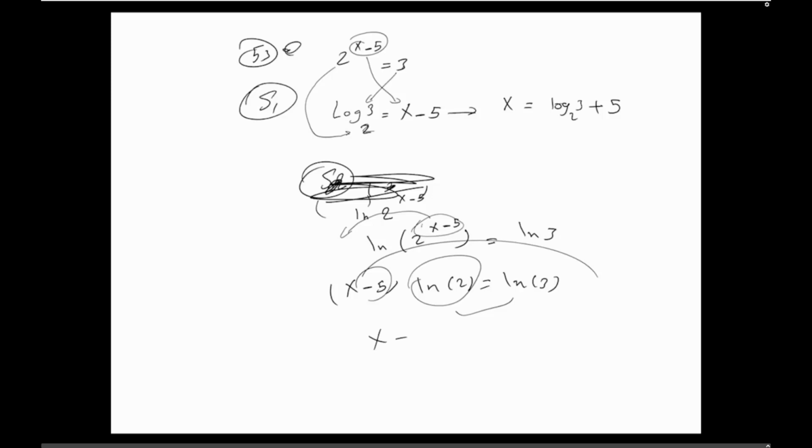So we will end up with ln 3 plus 5 divided by ln 2. Or sorry, we can't transfer 5 first. We have to transfer this one first, which will go to the bottom, then we will transfer 5. So it will be like this.